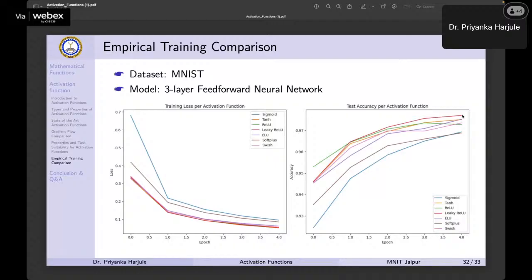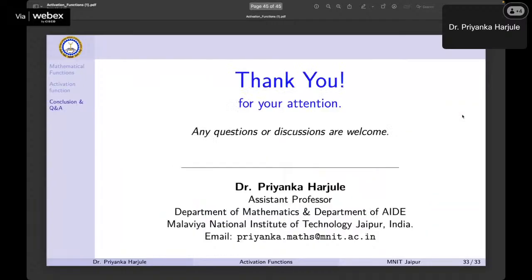So this is just a demonstration for learning purposes. This way you can also find out which activation function is working best for your research problem or for your model, and gauge how the optimization is happening.